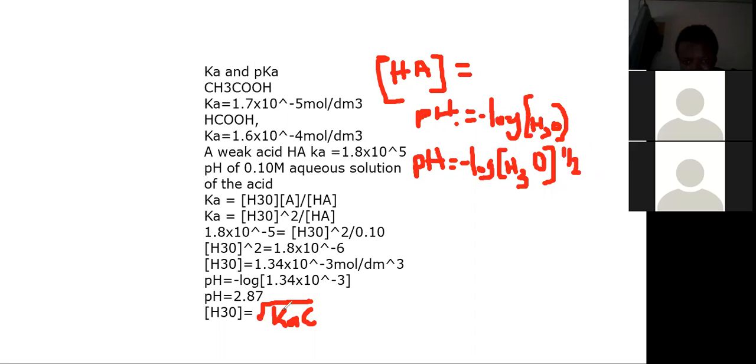The half is this, please. So now with further mathematics, we can get pH. The pH can be equal to, when it is log, then that means we can bring this one here. I hope you know that. So we can get minus, oh, here was supposed to be KaC, sorry. Here was supposed to be KaC.